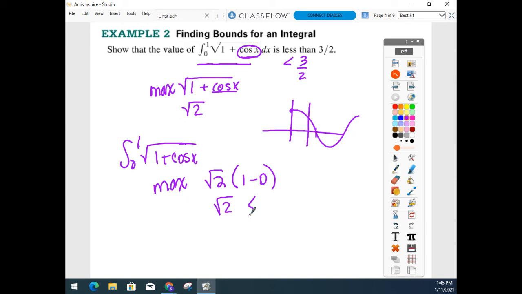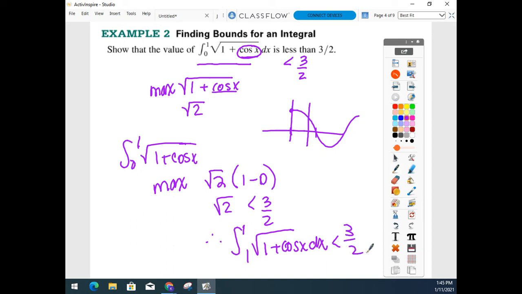And the square root of 2 is less than 3/2. This is just 1.4-ish. This is 1.5. Therefore, the integral itself is less than 3/2.